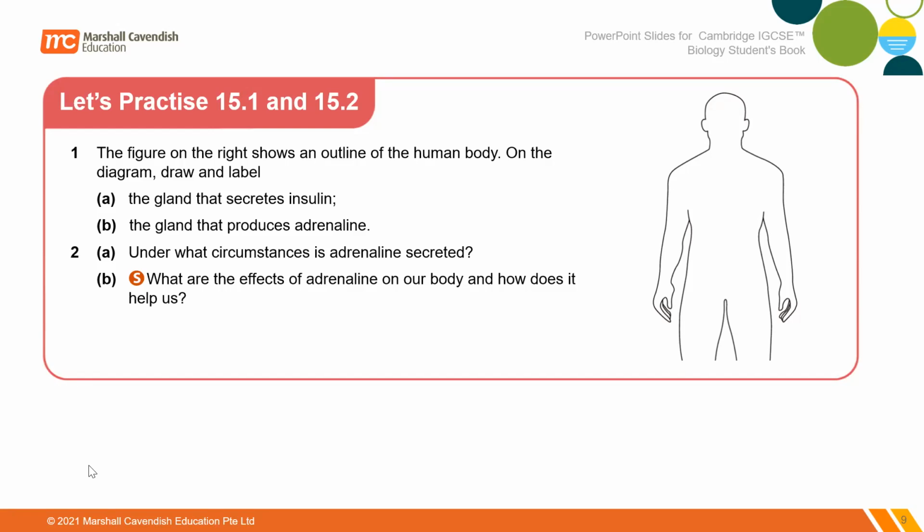Okay. 2A, what is the gland that secretes insulin? Pancreas. The gland that produces adrenaline, the name of the gland: adrenal glands.